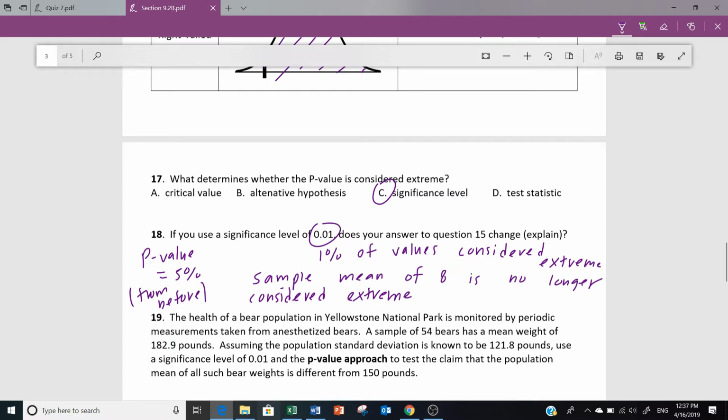So last chance for me to say that, you reject when the p-value is blank compared to the significance level. In order to reject it, it has to be less than 1%. But our p-value is greater than 1%.